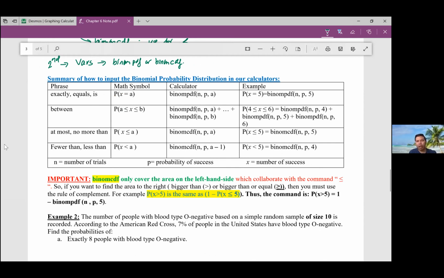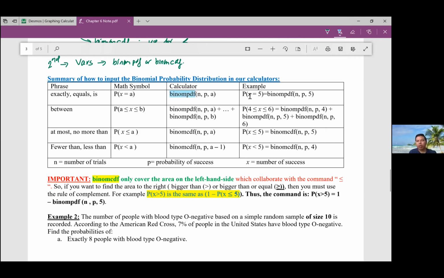So when I wrote my notes, I wanted to help the students out with what they should do in each case. When you have exactly equal or is, the math symbol will be x equal to a, and the command we are using will be binom PDF, okay? That's the only option we have.